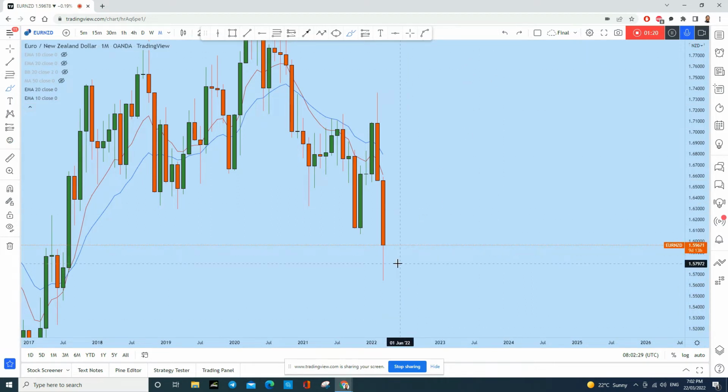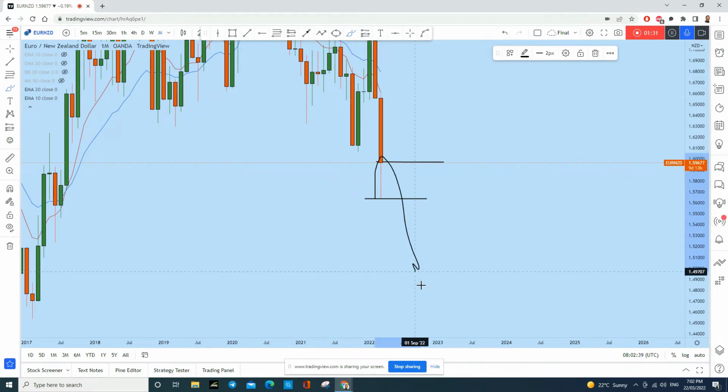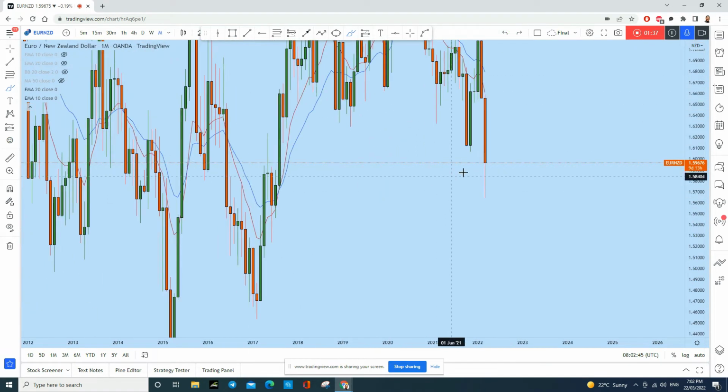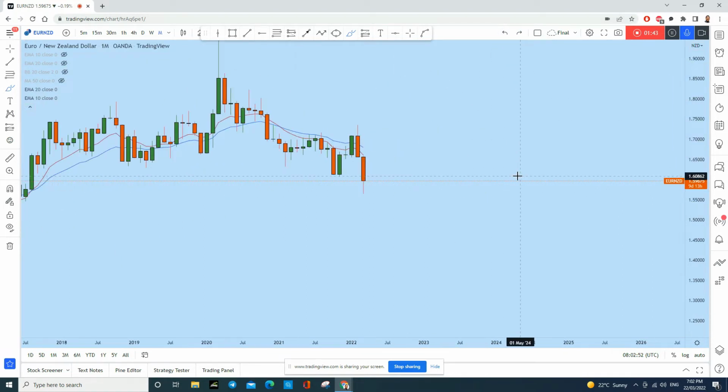Now, currently, a little more than a week is remaining this month, so we have already seen a significant retracement to the upside, and from here we can expect a further drop in the last couple of days of this month. This is a long-term bearish market with strong bearish momentum.